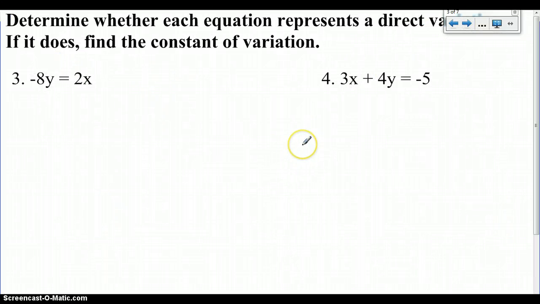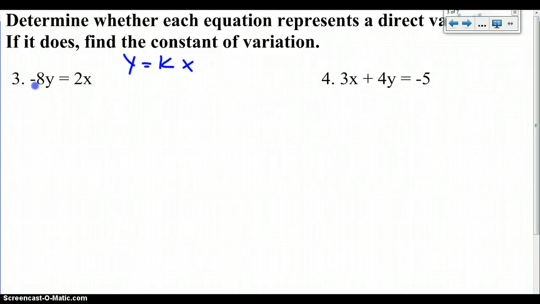Okay, for the next one, determine whether each equation represents a direct variation. If it does, find the constant of variation. The first thing we need to do to figure out if it is a direct variation is solve for y. Then when we solve for y, we have to see if we have a y-intercept or not, or if it's in the form of y equals kx.